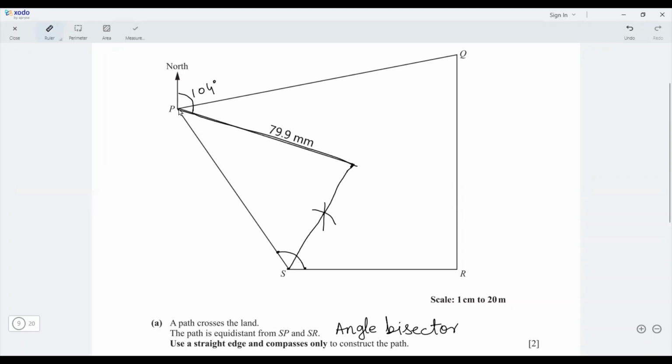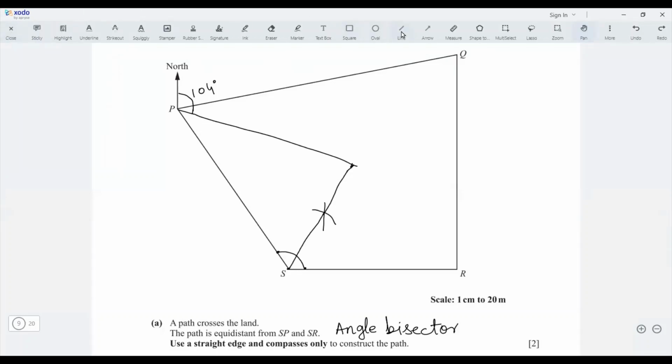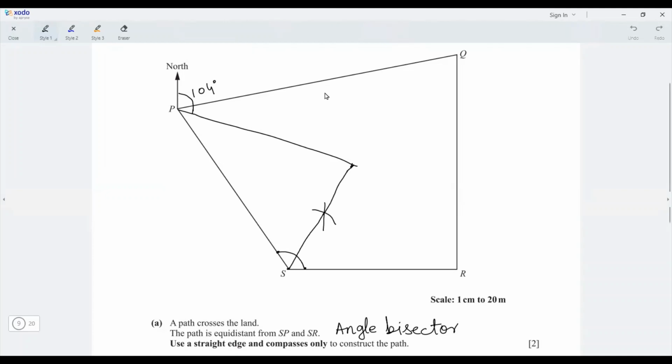It must be something like 7.94, almost 8 centimeters in length. So 80 millimeters is basically 8 centimeters. If it is 8 centimeters, we need to convert it into meters.